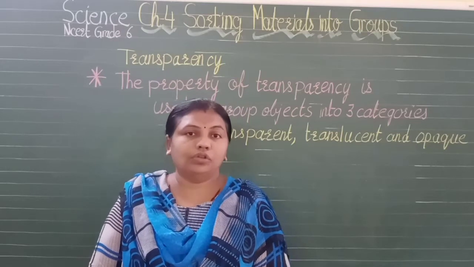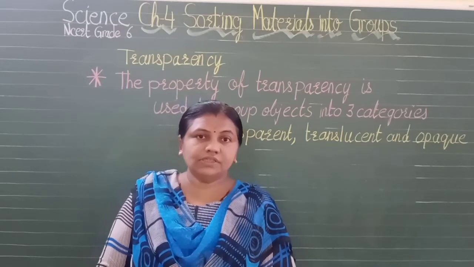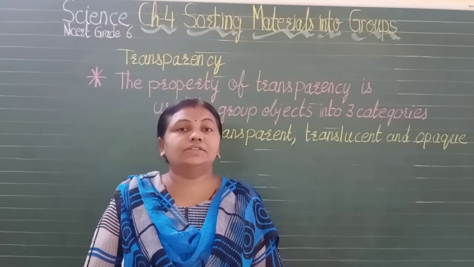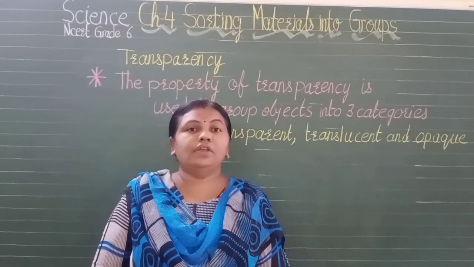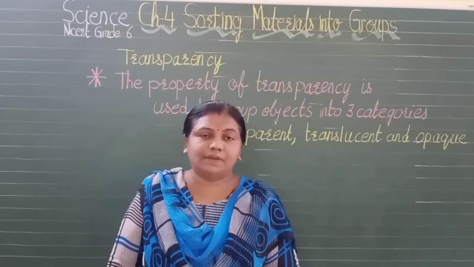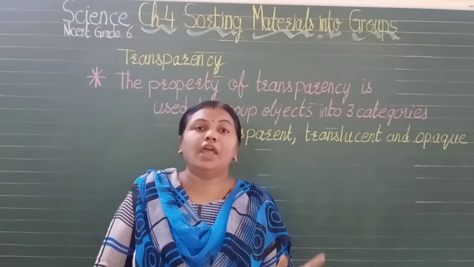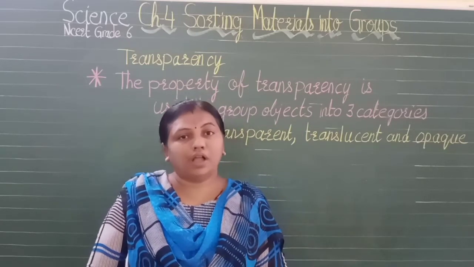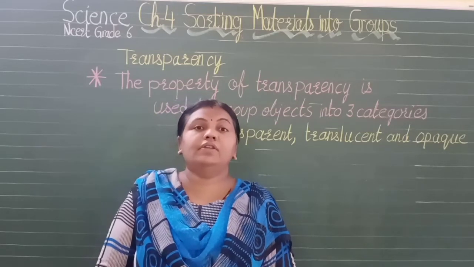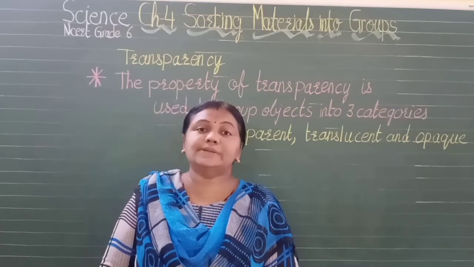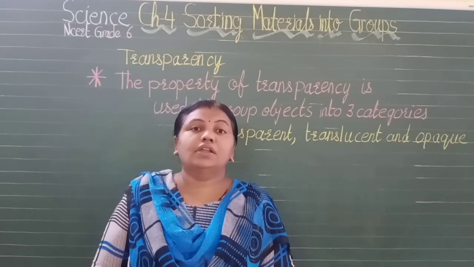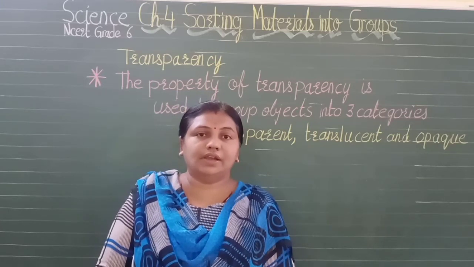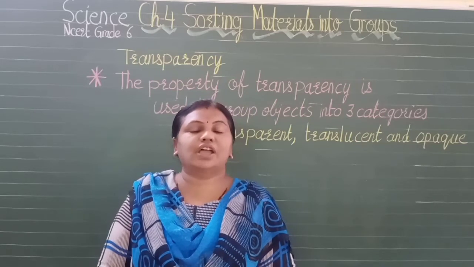So if things are placed in a transparent object, you can see them clearly. Even your window glass. From the window glass you want to see the things outside. If the window glass is transparent, you can see everything outside. Even when a person is wearing spectacles, they can see objects clearly because the glass is transparent.